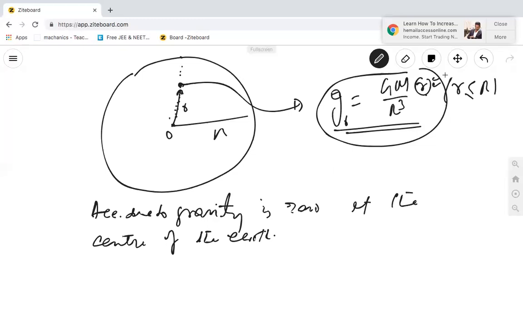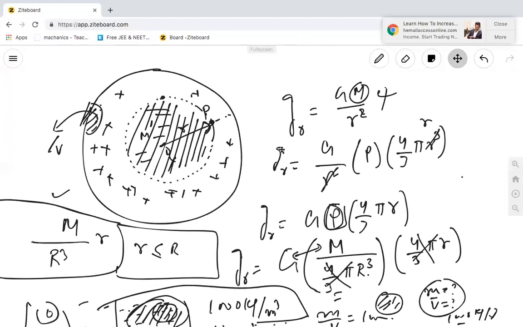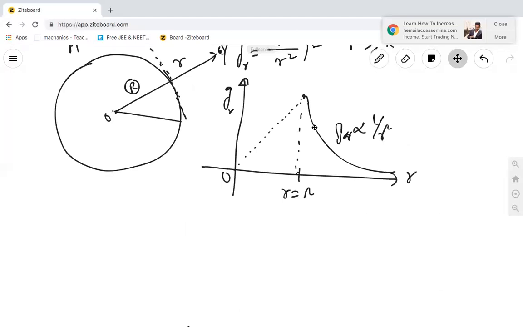Don't you know that acceleration due to gravity decreases as 1 by r square from the surface onwards? Outside the surface it is decreasing, right, because of the r square in the denominator. Now we have completed the graph.